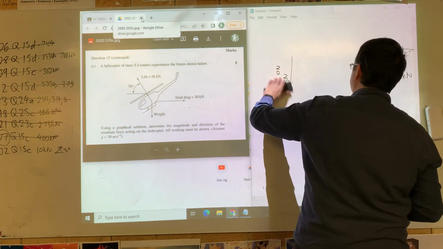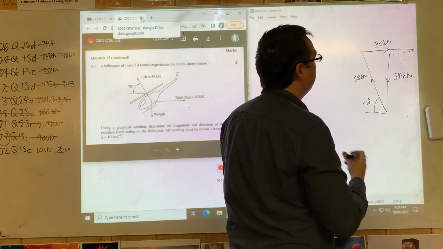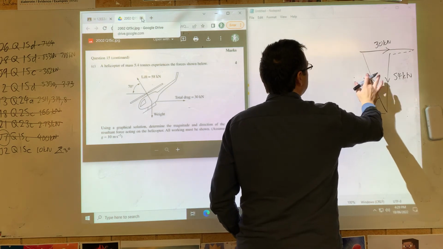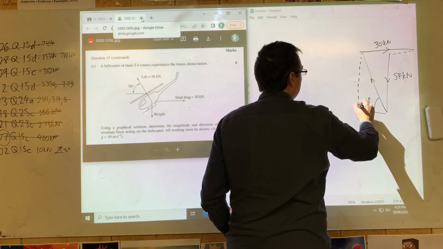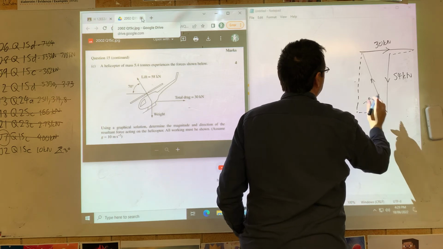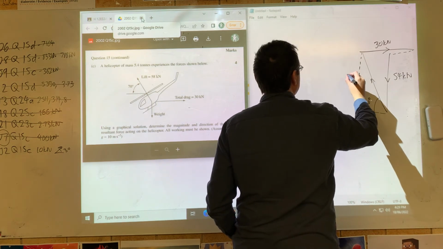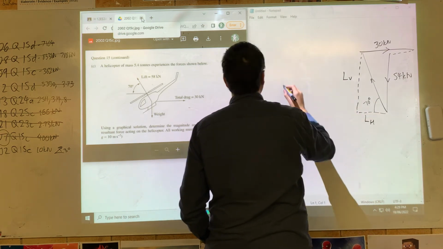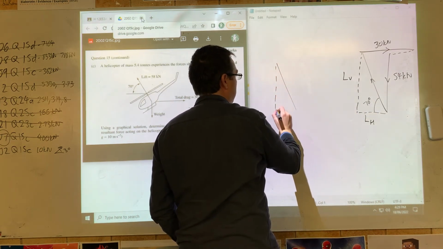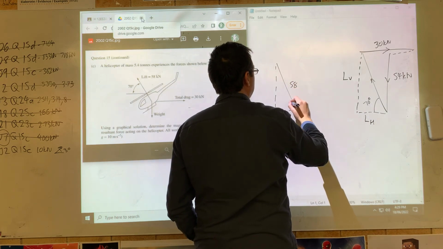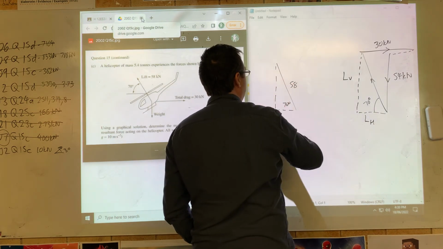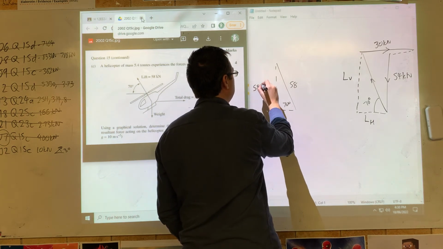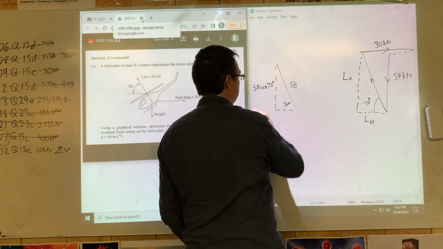Well, first of all, let's find the difference in our verticals. If we replace that 58 with the vertical component, what are we going to get? We'll call that lift V and lift H. That is based on 58 times 70 degrees.